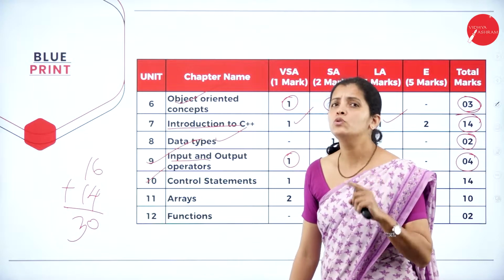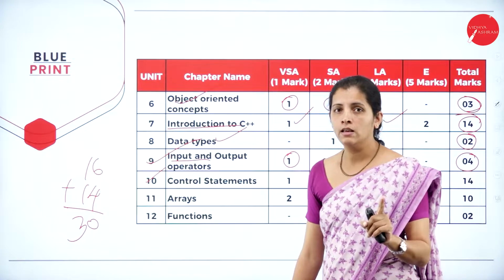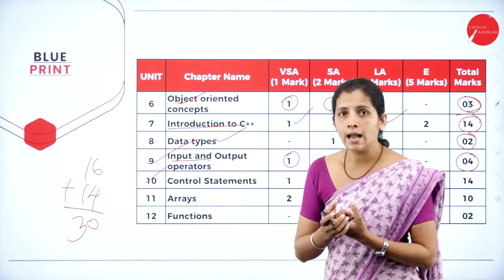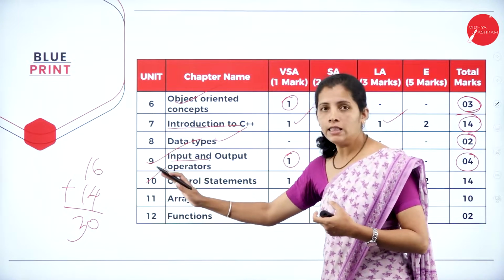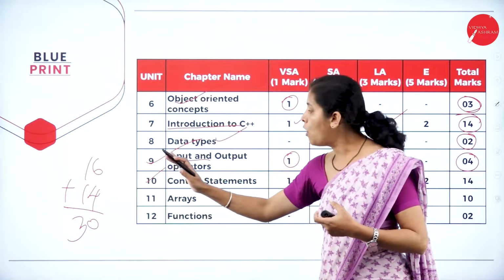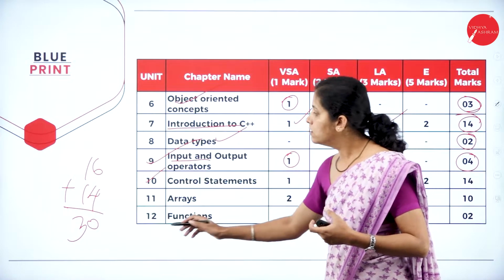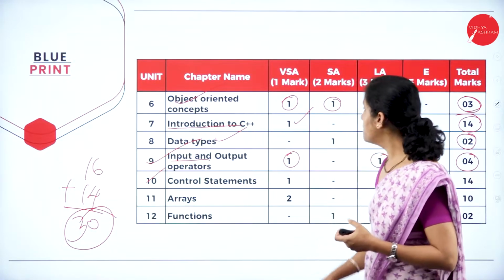That means I want to study any one chapter properly, then I can attend both the chapters. So it's better to study either chapter 5 or chapter 10, and very easily I can score 30 marks.